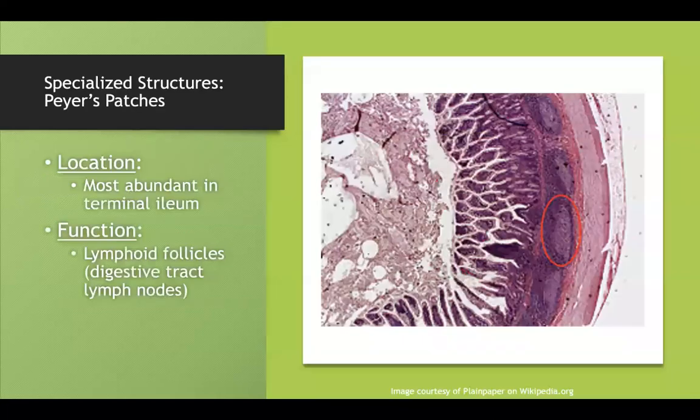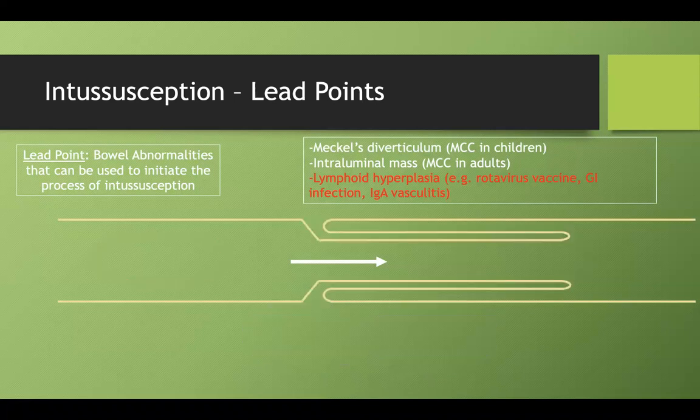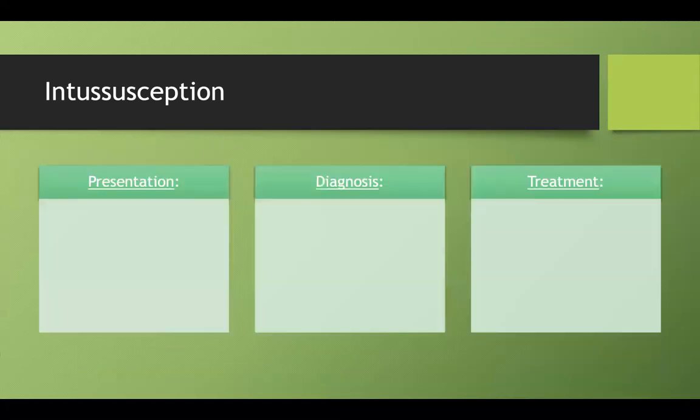And then lymphoid hyperplasia, I'm going to remind you from our anatomy section that there are Peyer's patches, especially in the terminal ileum. What can happen is that in the setting of an infection or a recent vaccination, these can get very big and they can ultimately act as a lead point and also cause intussusception.